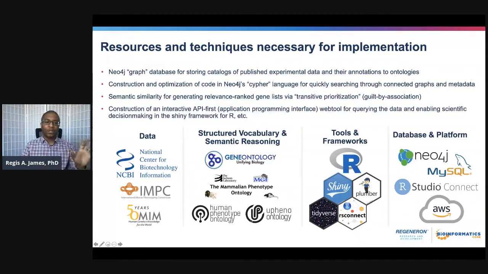And then construction of the interactive API first web tool, the Shiny web tool that uses the API in order to provide data to the end users, be they wet lab biologists or computational data scientists like myself.